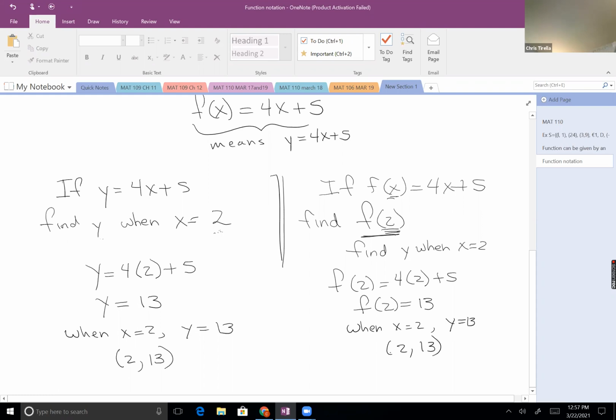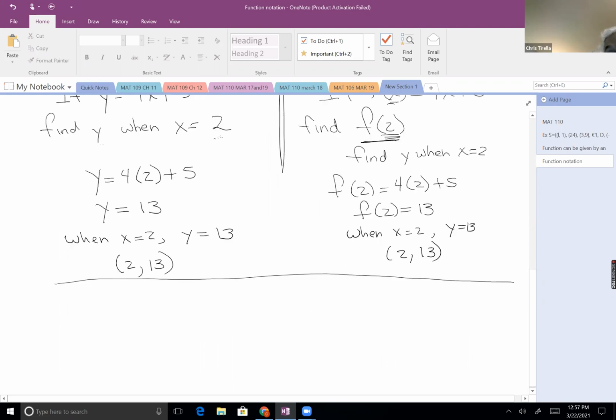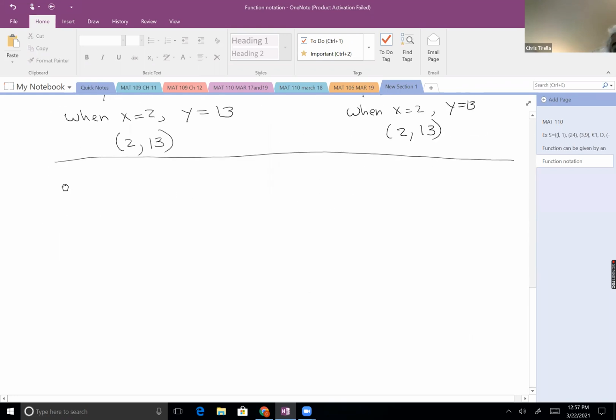So that function notation, if we've got our function or relation defined that way, whatever goes inside the parentheses gets substituted for x. And you're going to find quite a few in the homework that deal with this notation. So let's look at another example.